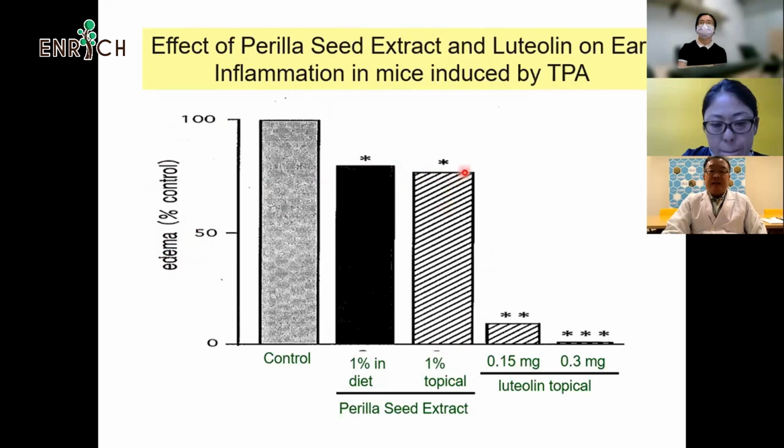And also, surprisingly, topical application of luteolin strongly suppressed ear edema. So we found that perilla extract and the active ingredient luteolin had a strong anti-type 4 allergic effect and anti-inflammatory effect.